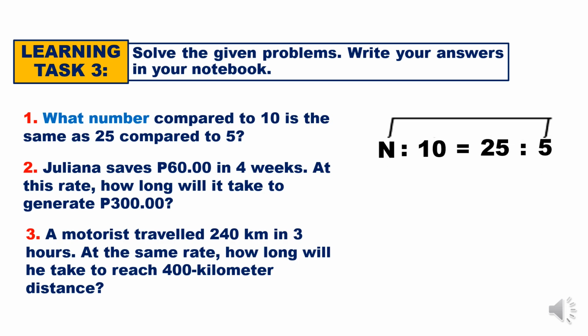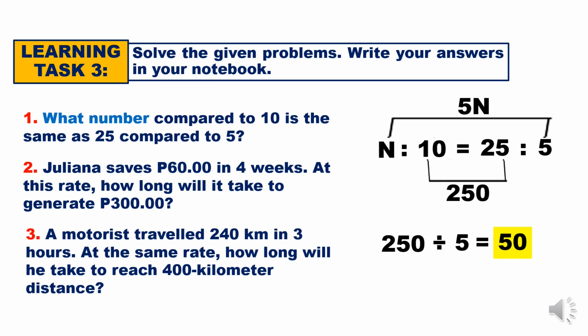So, n times 5 equals 5n. 10 times 25 is 250. Then, 250 divided by 5 equals 50. So, the answer is 50.